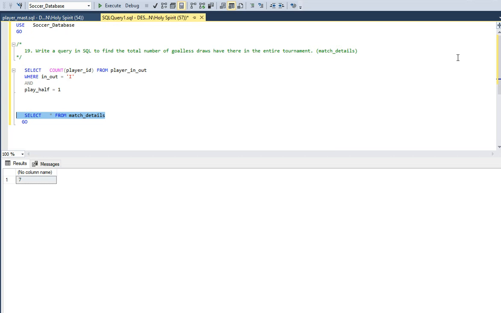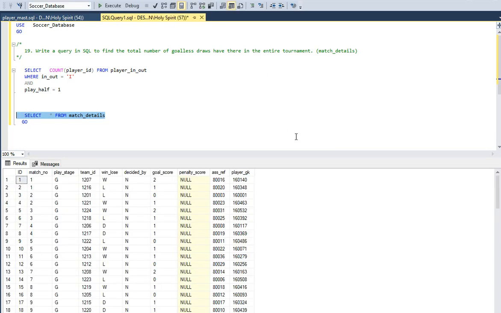Because there are a lot of tables and we didn't create this database, so it's good to take this tables help anyway. Okay, here is the list.